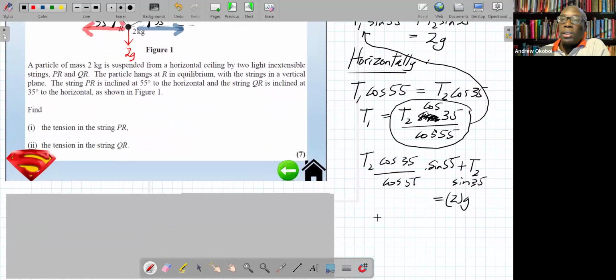Okay, so let's factorize out T2. You have to be very careful here, so I'm going to put it in brackets like this.